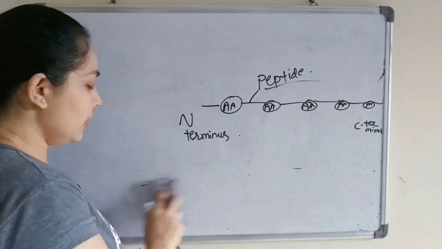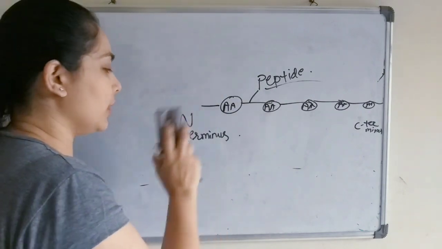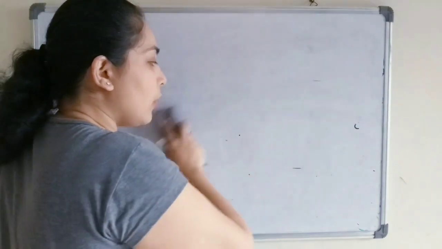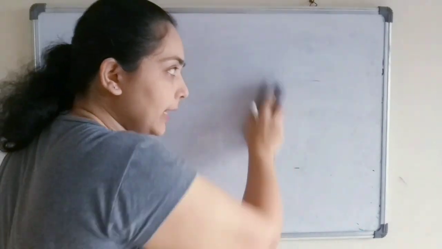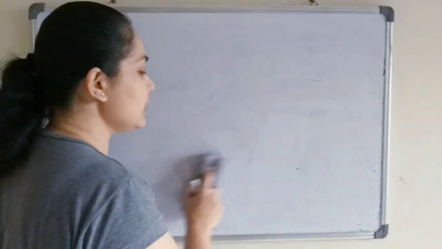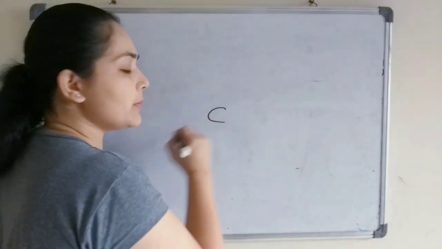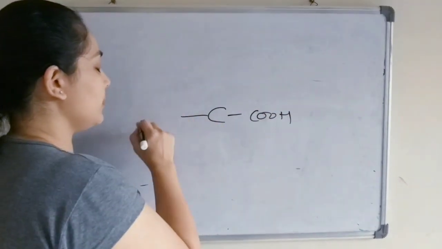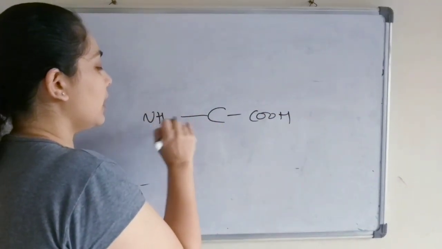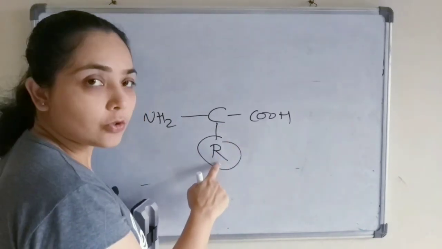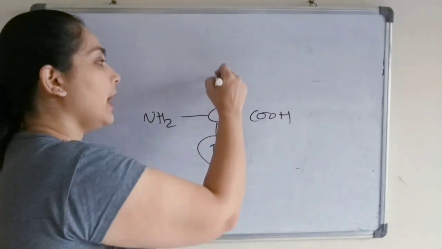Now let's see what is there in the peptide bond. All 20 amino acids have a general structure that we discussed. The central carbon is present, with a carboxylic group on one side, an amino group, a variable side chain which we indicate by R, and hydrogen.